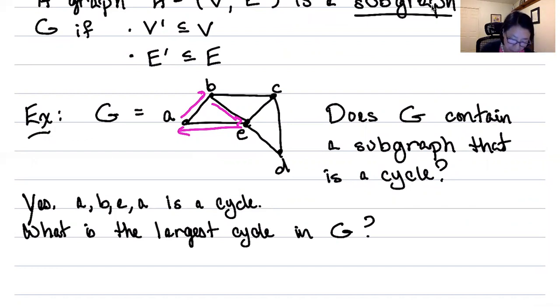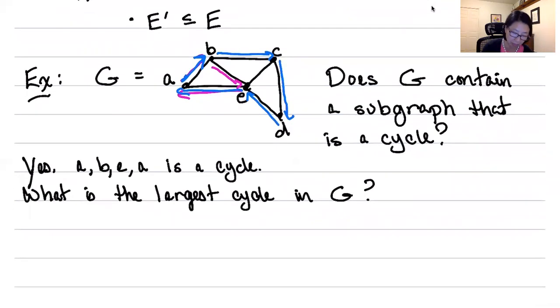Well, maybe we can start again at A, and if we go A to B to C to D to E to A, actually we've seen every single vertex in this cycle. And since in a cycle we can't see a vertex more than once until we get to our start vertex again, this must be the largest possible cycle in G, because it uses all the vertices.